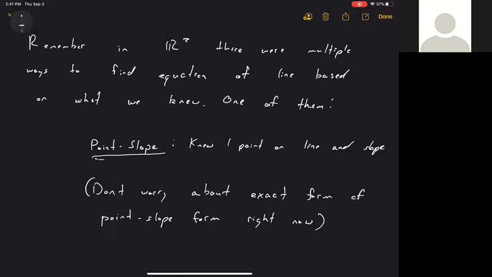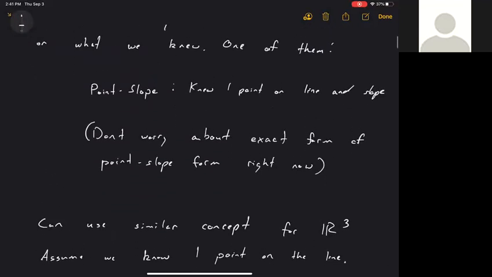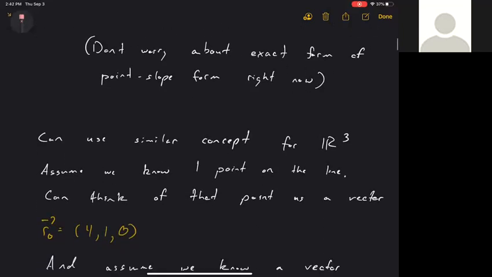We needed to know one point on the line and the slope of the line. There are a lot of lines through that point, but if we knew the slope, we knew the exact line. We're going to use a similar concept for writing equations of lines in R3.